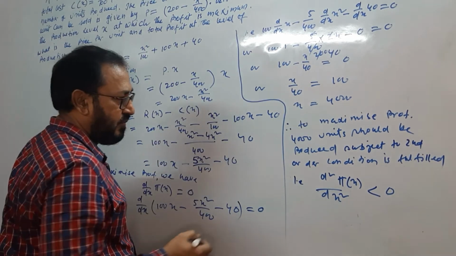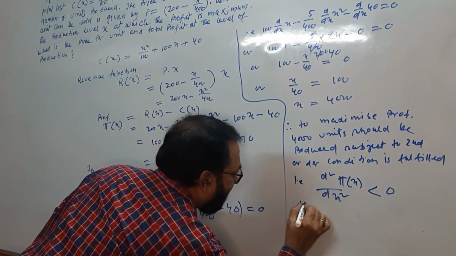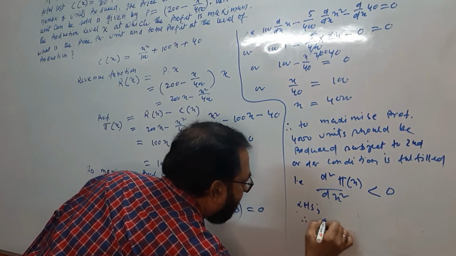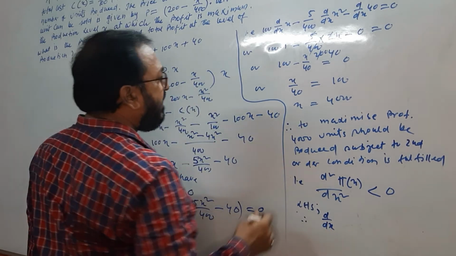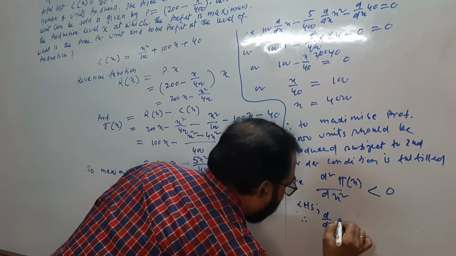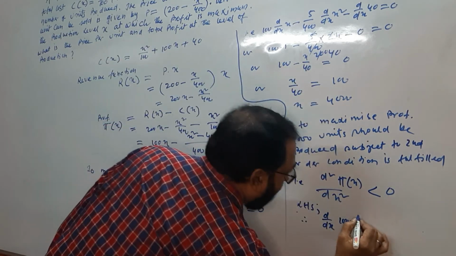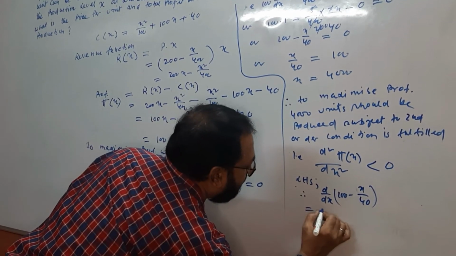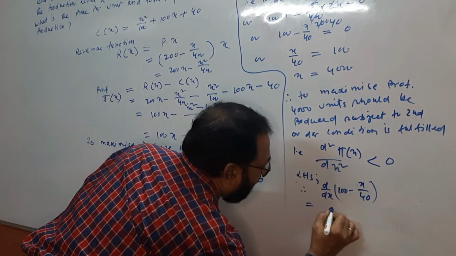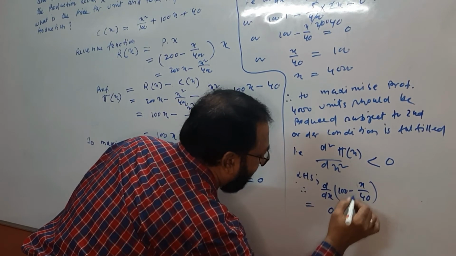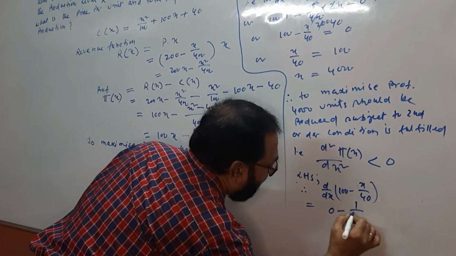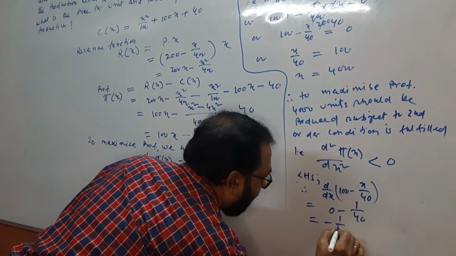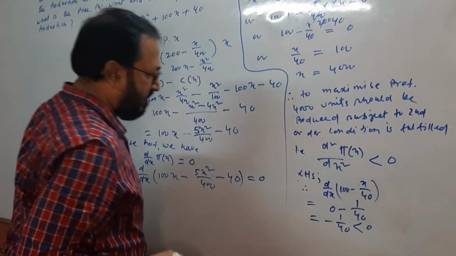Now, the left-hand side: d/dx of 100 minus x by 40 equal to d/dx of 100, that is 0, minus 1 by 40 d/dx of x, equal to minus 1 by 40, which is less than 0.